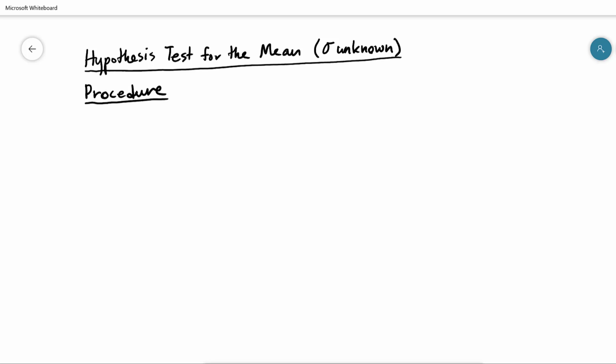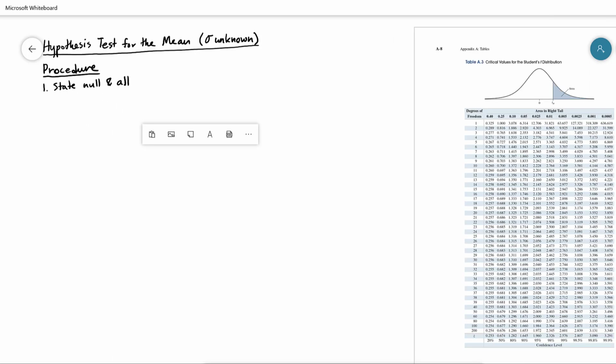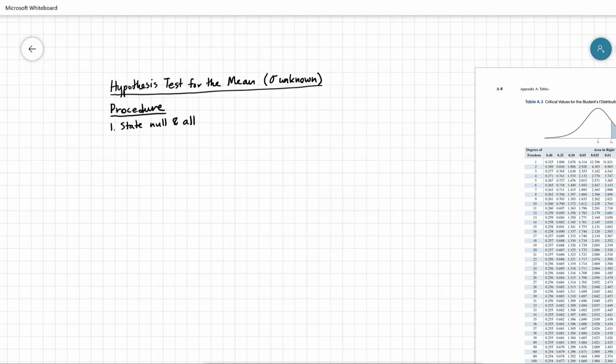Okay, so here's our procedure. Step 1, as in all hypothesis tests, we've got to state the null and the alternate hypothesis.